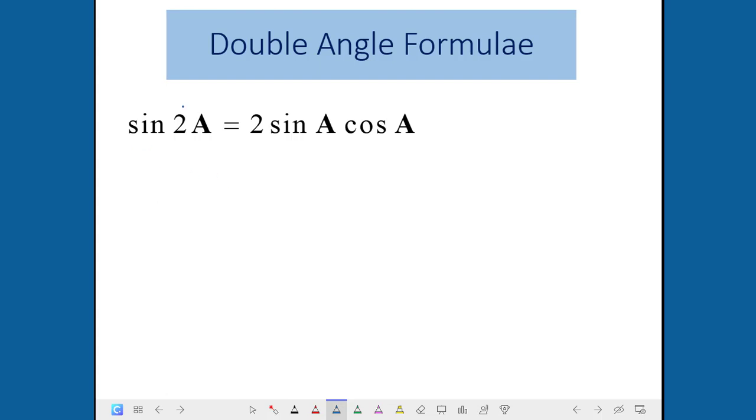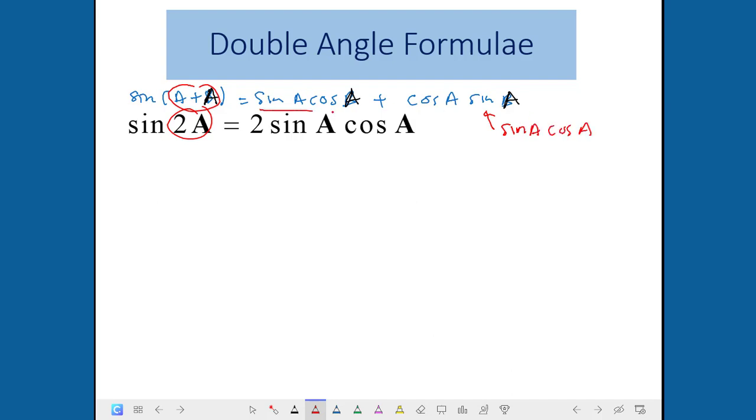Let's see here: sine A plus B is equal to sine A cos B plus cos A sine B. When B changes to A, you get sine 2A equal to sine A cos A plus cos A sine A, which means 2 sine A cos A. So just remember the compound angle formula for sine and change B to A.